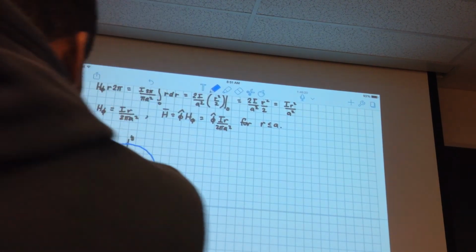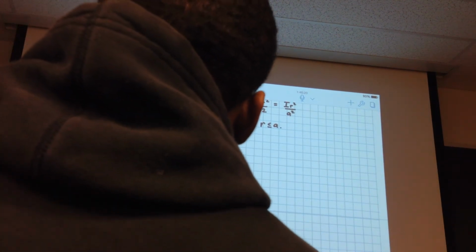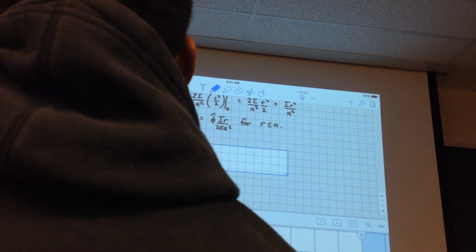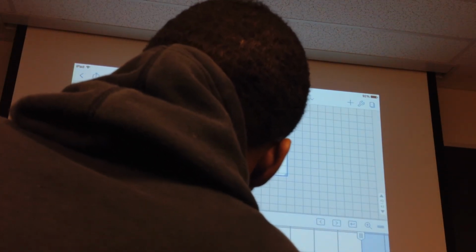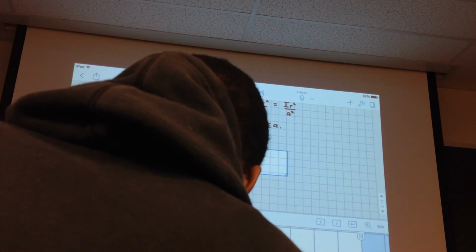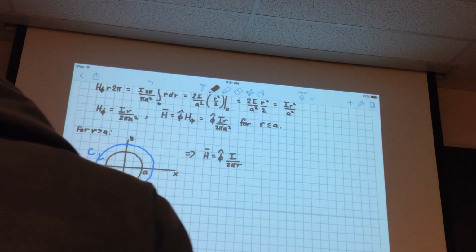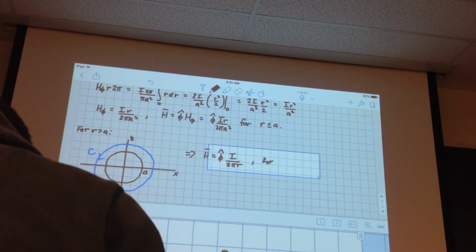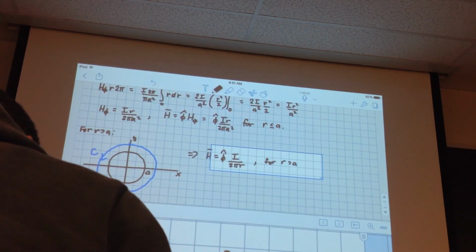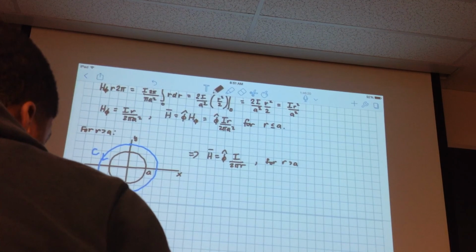So the only thing that matters is the total current I enclosed. And so by Ampere's law, we get I over 2 pi r again, for r greater than a.